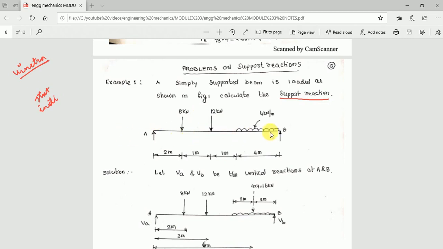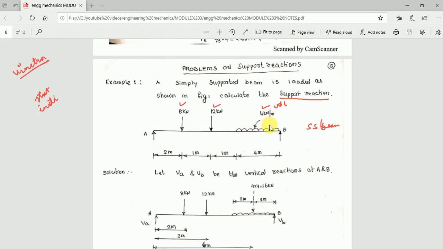Now see here, what is the type of beam here? This is a simply supported beam, right? How to know? See here, here is one support and here is another support. In this manner only, a simply supported beam is represented. The loads acting are 8 kilonewton, 12 kilonewton, and this is the symbol of a uniformly distributed load.